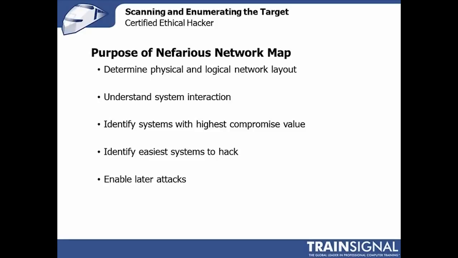Understanding the interaction between systems helps us target which systems we can attack and which systems we're going to be more efficient on. For example, if you identify during a network map that a system is a domain controller, you can then potentially enumerate which systems are joined to that domain. You now have a fairly interesting idea of how things connect within that network. You know that that client will probably talk to that domain controller frequently.